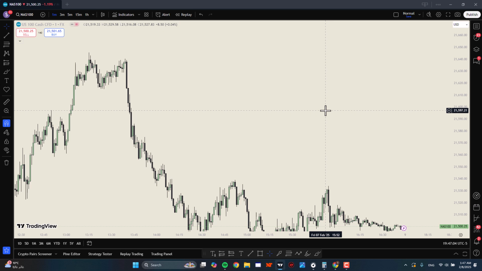For the time window, I like to take the entry after 9:30, at 9:30 or after 9:30, but the setup can form around 9:20, 9:25, all the way to 9:40. I don't like to go after 9:40 to take a trade, because we are capitalizing on that volatility, that sudden move to the upside or the downside. So that's the time window.